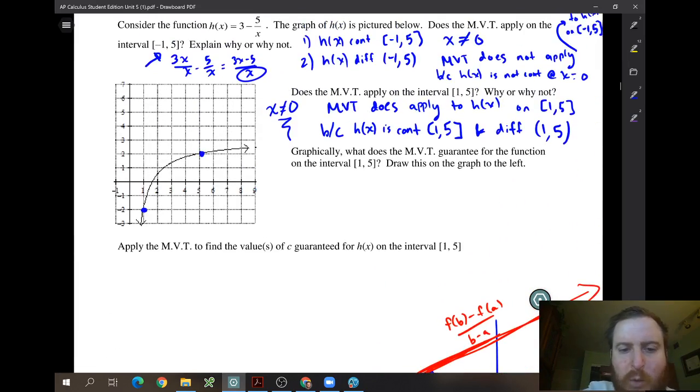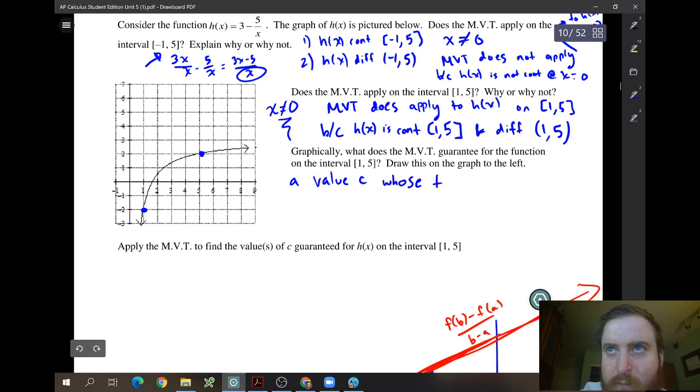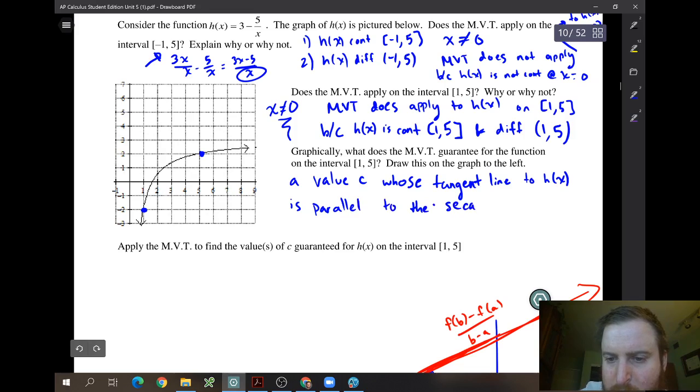So graphically, we need a value c whose tangent line to h of x is parallel, or has the same slope, to the secant line between x equals 1 and x equals 5.